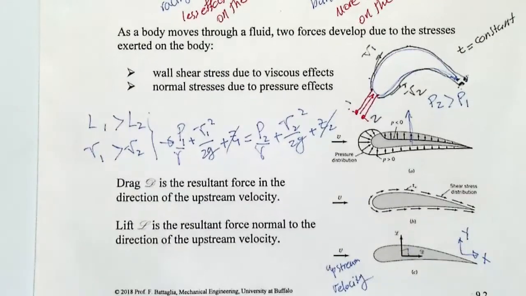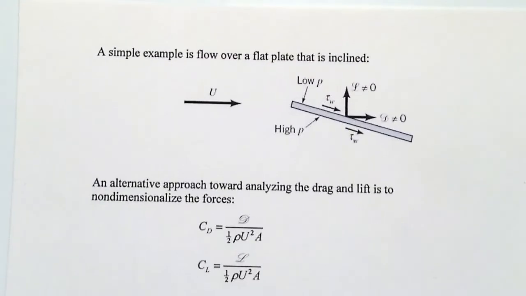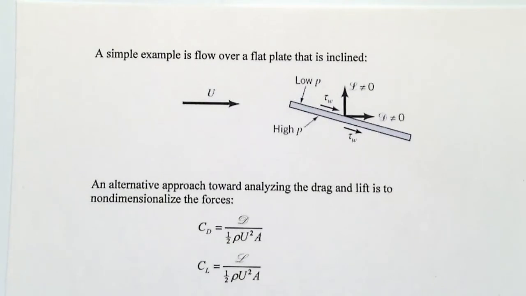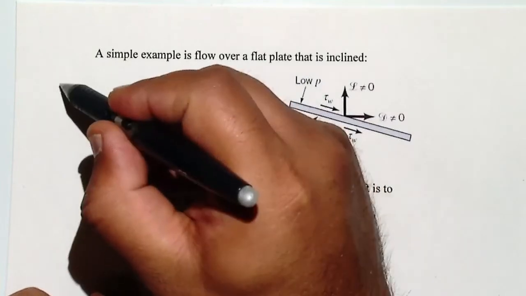Okay. For now, let's find out how we can calculate the components of that. So in an airplane, if you check out the shape of the wings, let's show it here.